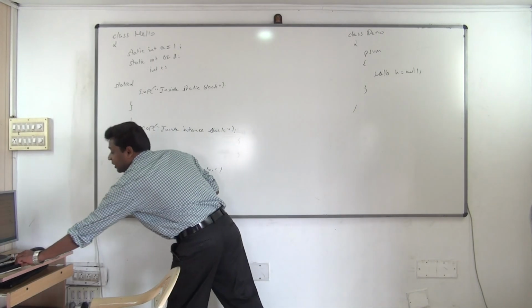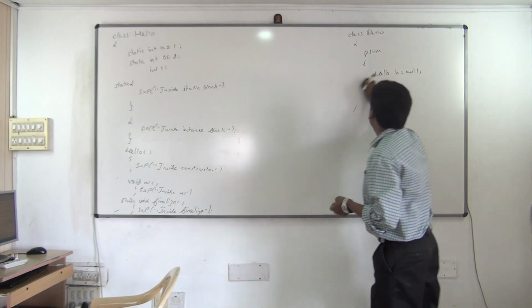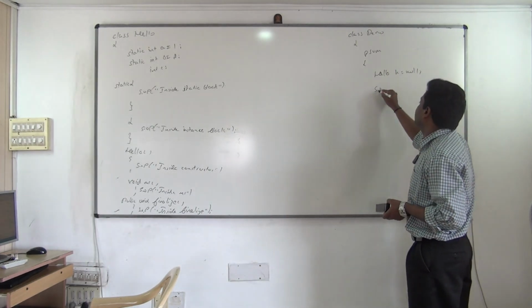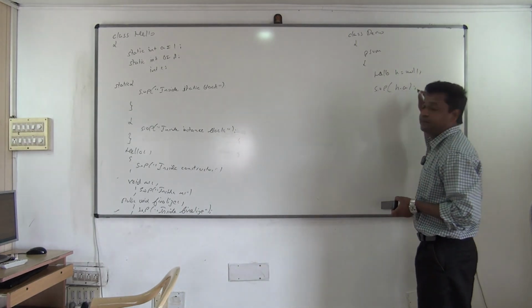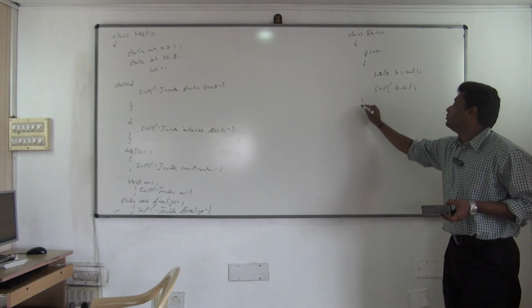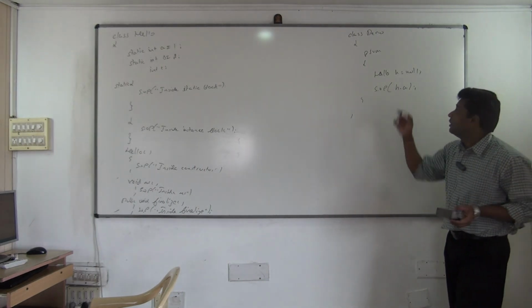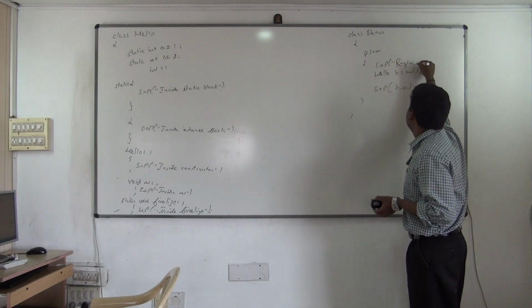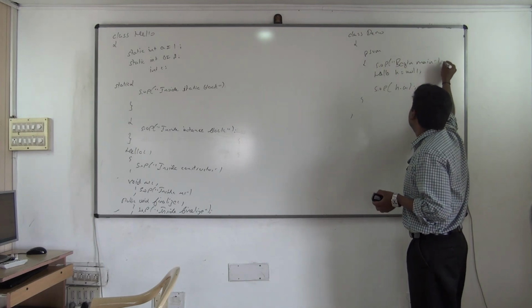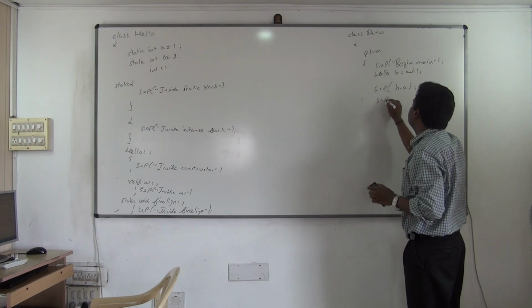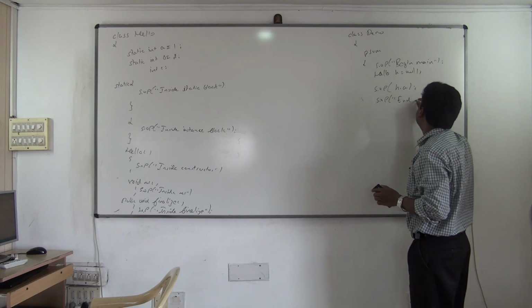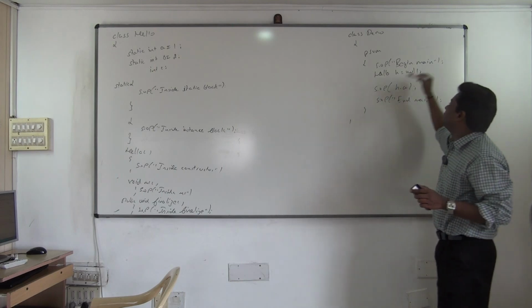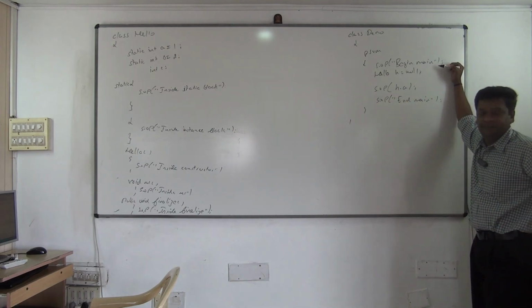So what I'll do, I'll just print SOP of h.a. Can you guess what's the output? I'll print here SOP begin main, and SOP end main. So when I run this program, begin main will print.